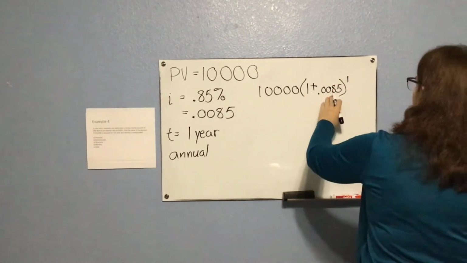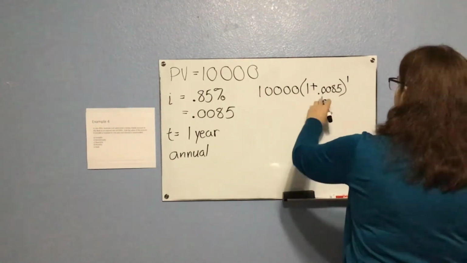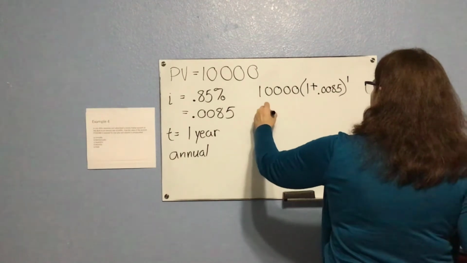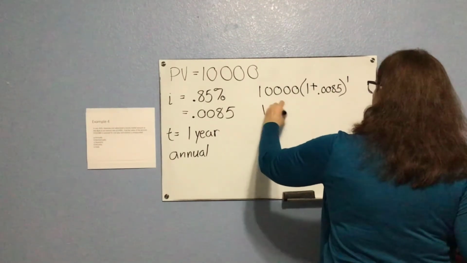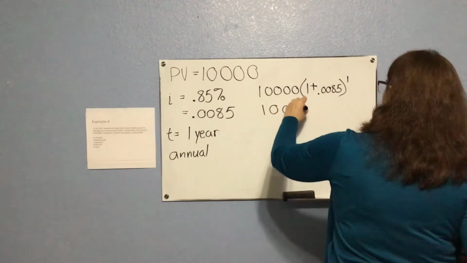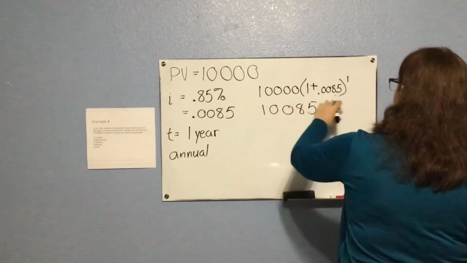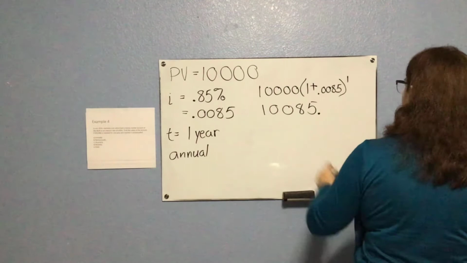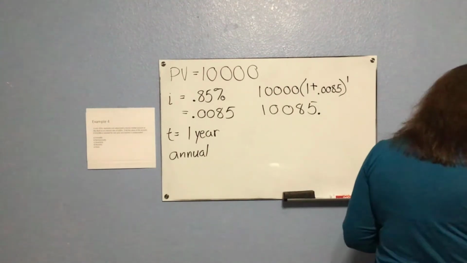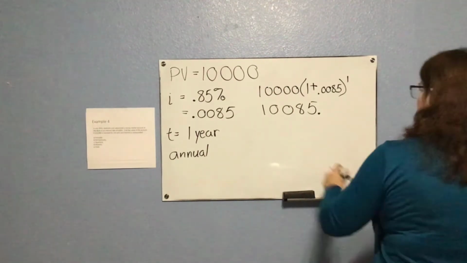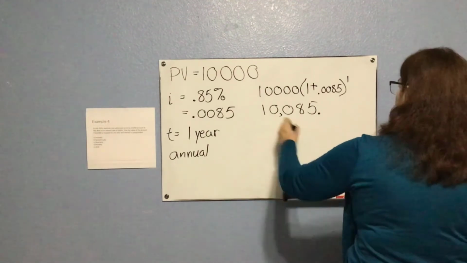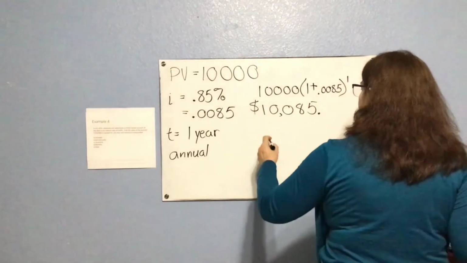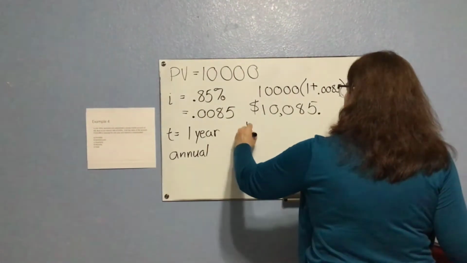So this is just 1.0085 times the 10,000. So I'm going to get 10085. I have to move my decimal point over 4 places when I multiply there. So I get $10,085 using annual.